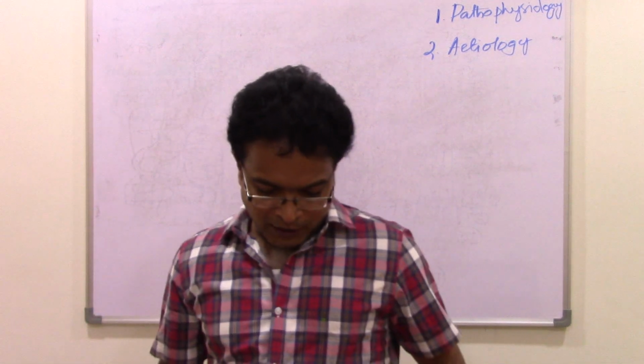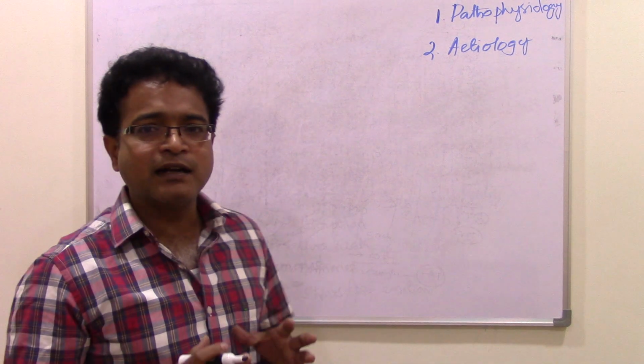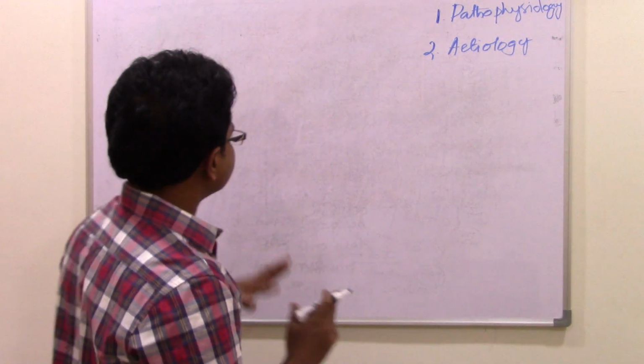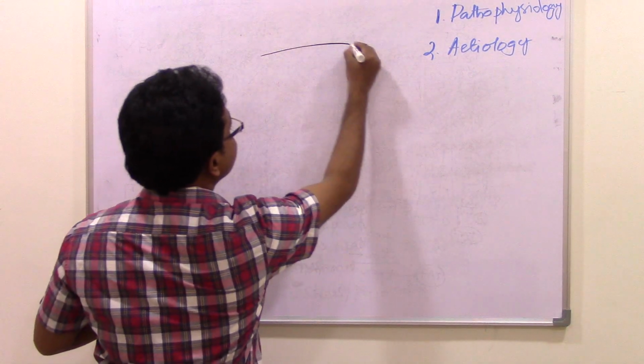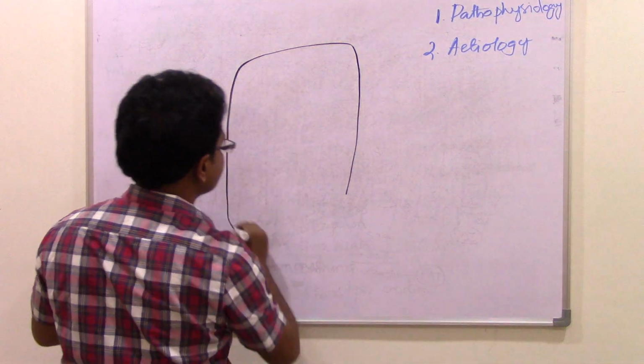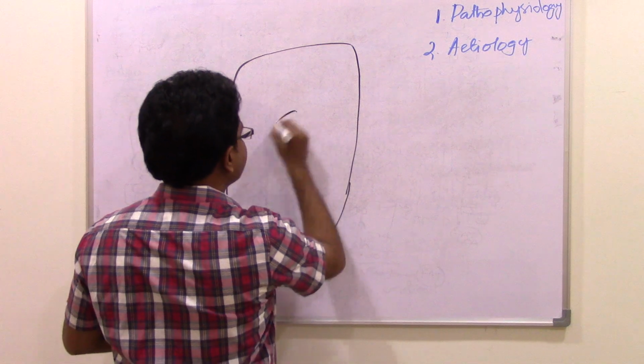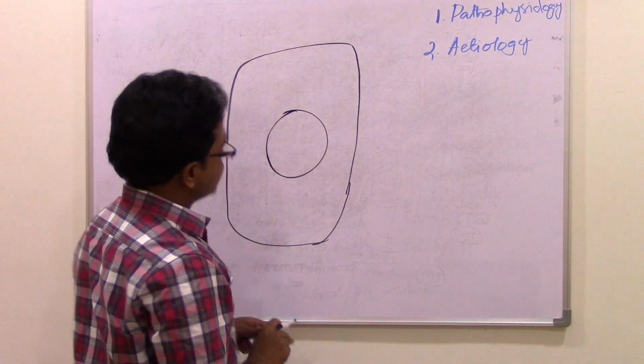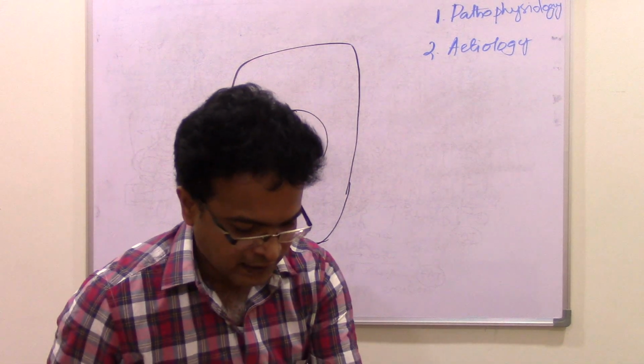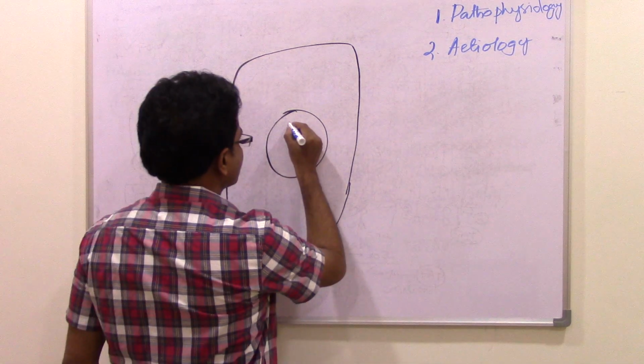Okay, so when we say that, we need to understand the function of a gene, right? If we look at a cell, there is a cell membrane, we have cytoplasm, and this is nucleus. In nucleus, we have what is known as chromosomes.